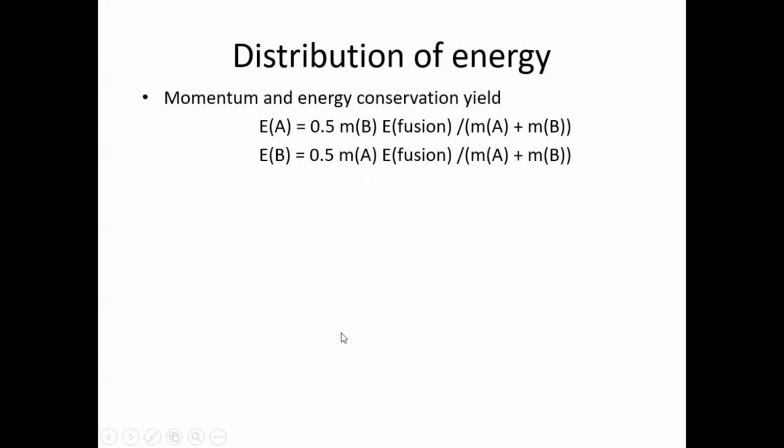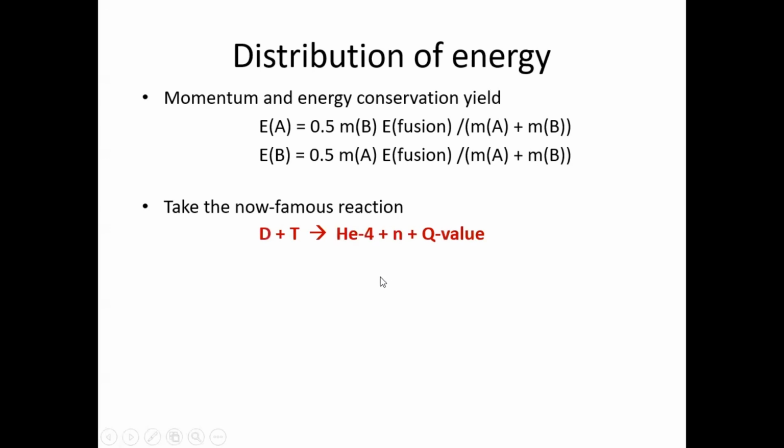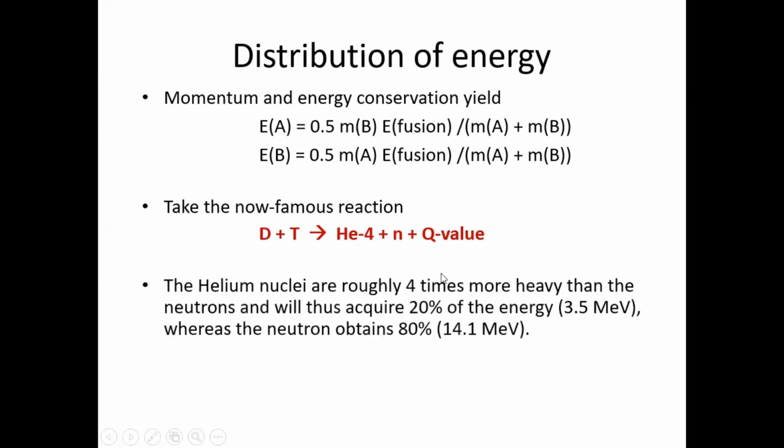So we see here the two terms: the energy of A is related to the mass of B, and the energy of B is related to the mass of A. And if we take the DT example, here we had the total energy released as 17.56. And this helium nucleus is 4 times heavier than the neutron.